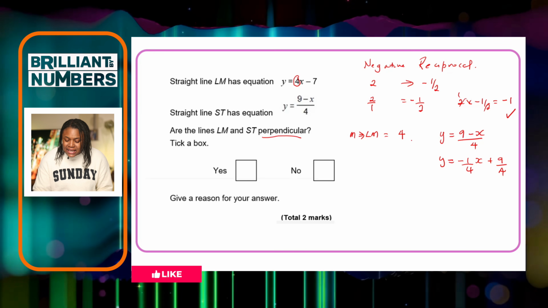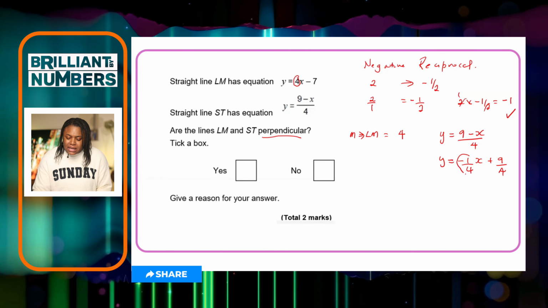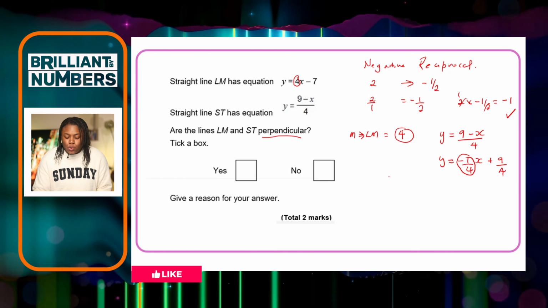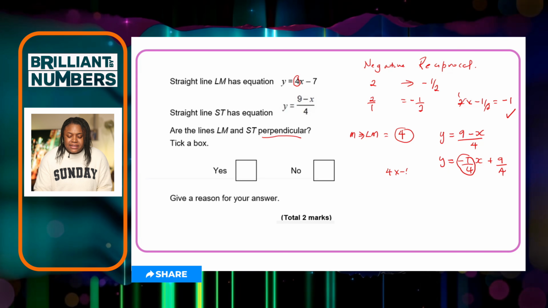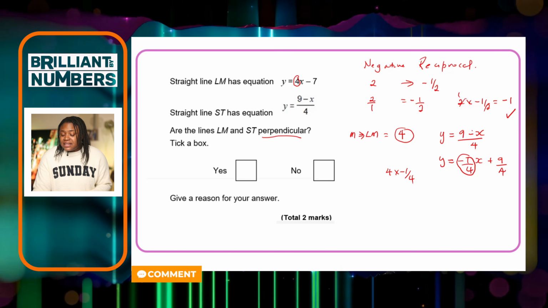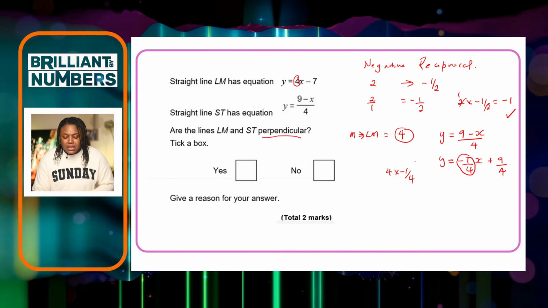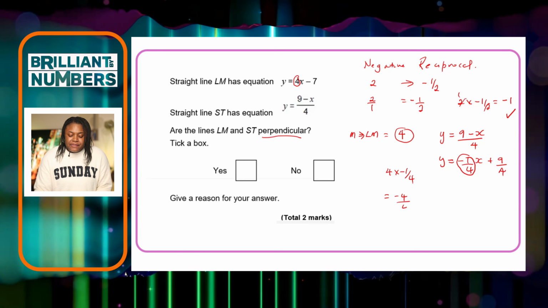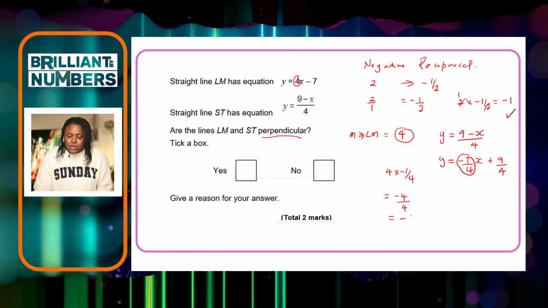I can see clearly that one gradient is minus 1/4 and the other is positive 4. So let's go. 4 times negative 1/4, let's see if that is equal to minus 1. Negative 1 times 4 is negative 4, divided by positive 4 is minus 1.